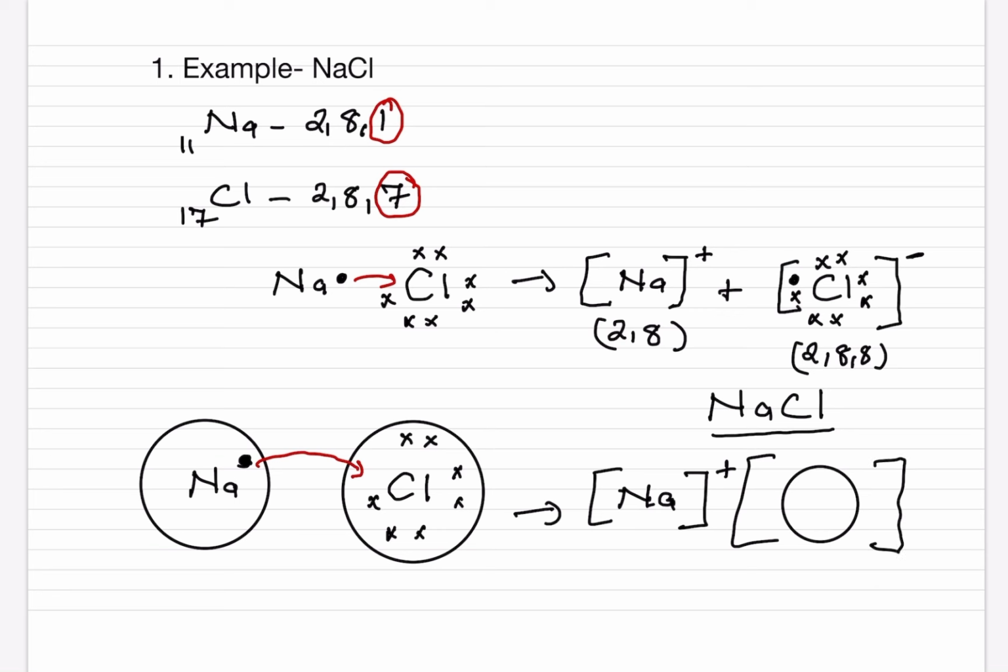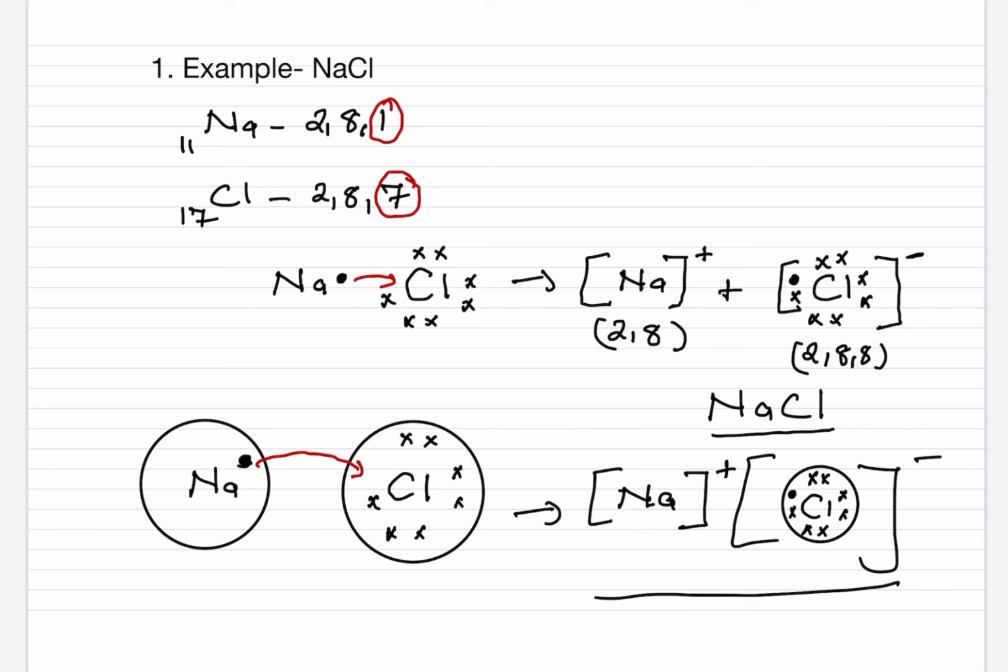Inside the circle, you can write Cl and then electrons of chlorine, 1, 2, 3, 4, 5, 6 and 7, and the electron transferred from sodium, we can make a dot. Now chlorine has 8 electrons, and we can put a charge over there. So this is how sodium chloride is formed, by ionic bond, by the transfer of electrons.